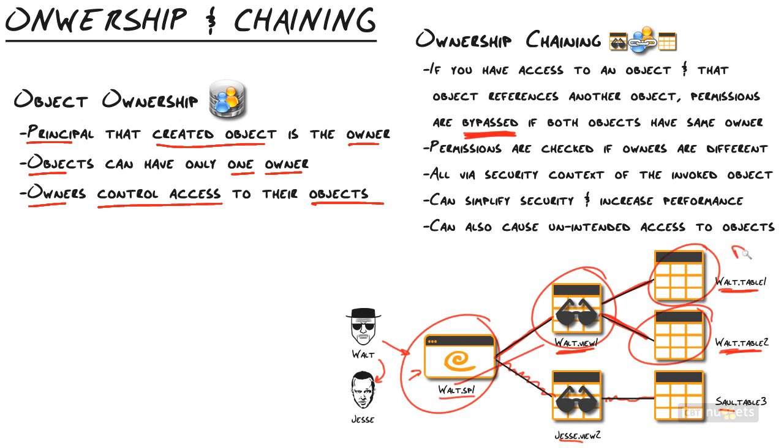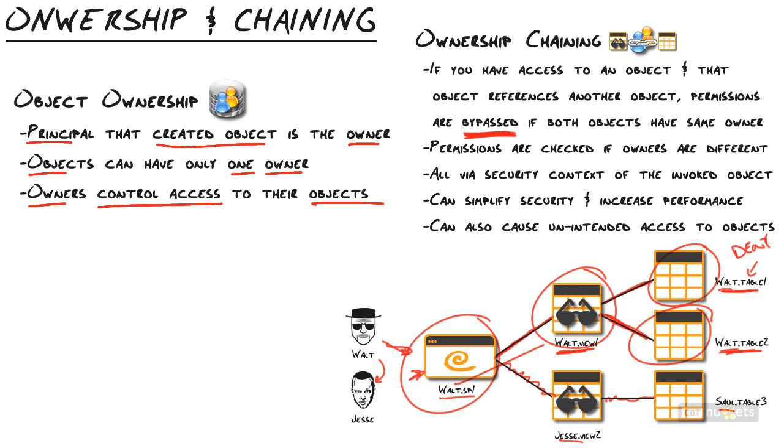So that means if we explicitly deny Jesse access to Walt.table1, it doesn't matter because he has execute permissions on the stored procedure, which means because these owners are the same, permissions are completely bypassed. So that's where it can cause a source of confusion and frustration if you do say, hey, I denied him access. Why is he still getting data out of this table? Well, it's because he can access the stored procedure and ownership chaining is in effect.